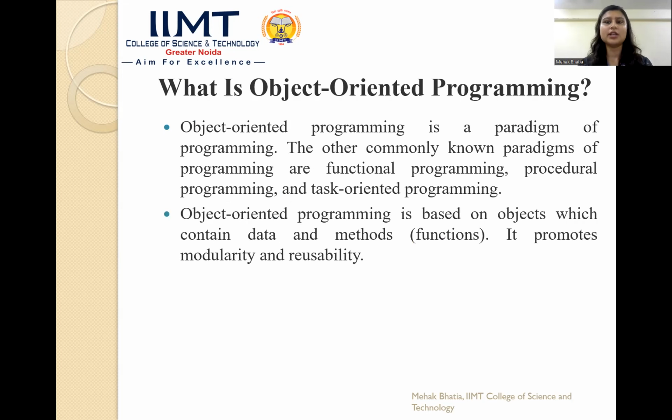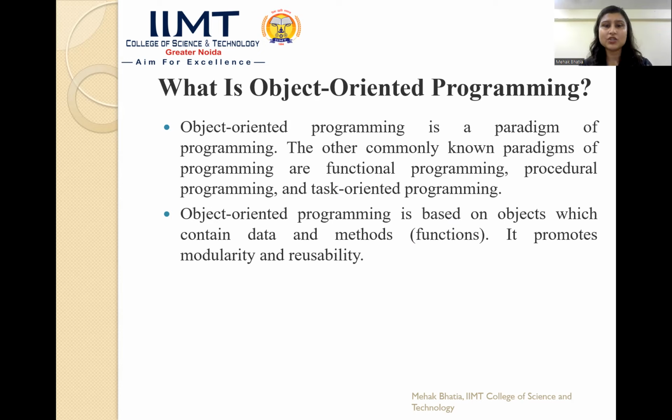Now, what is object-oriented programming? We need to know that object-oriented programming is a paradigm of programming. The other commonly known paradigms of programming are functional programming, procedural programming, and task-oriented programming. So there are many types of programming. One is object-oriented.